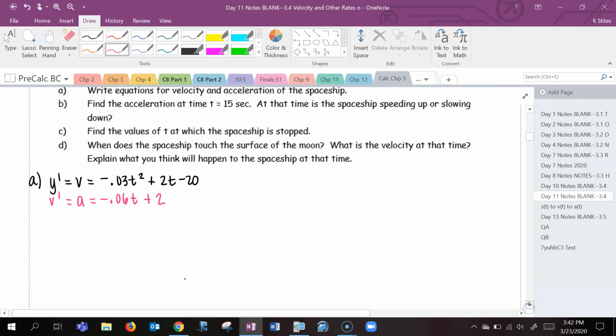Find the acceleration at time t equals 15 seconds. At that time, is the spaceship speeding up or slowing down? In order to tell which it is, you also need to find velocity. Okay, so even though it doesn't mention velocity, for speeding up or slowing down, we are going to have to look at both. So a of 15, we'll plug that into our acceleration formula.